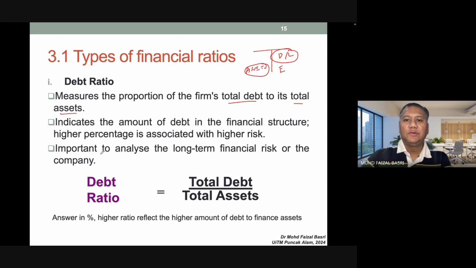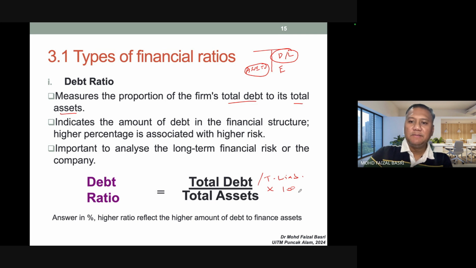So it is important to analyze the long-term financial risk of the company. The formula again is total debts, ataupun total liabilities, compared against the total assets on the left-hand side. And the answer will be in percentage, so you have to multiply this with 100.